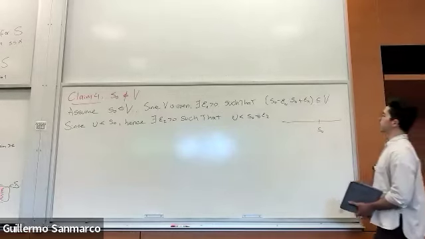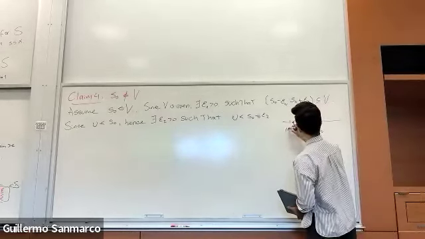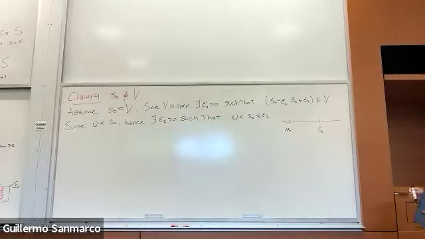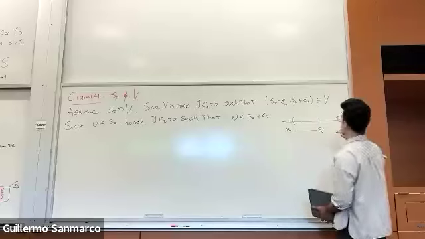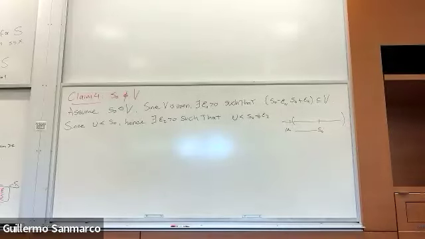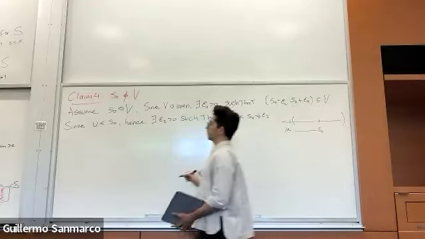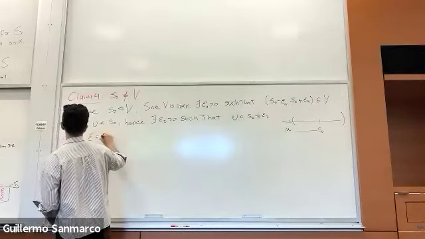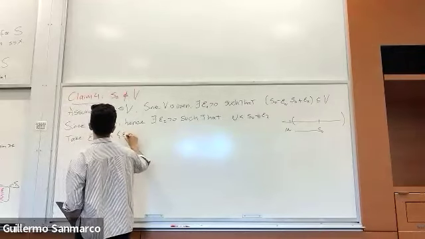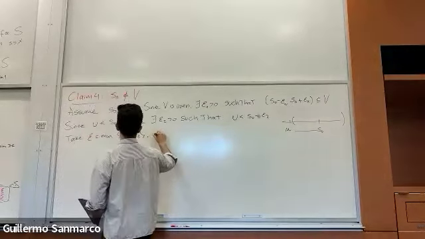And I want to distinguish it from U. But I also want this distance to be such that I have the entire V here. So if we take the minimum between these two guys, epsilon 1, epsilon 2, we'll have both.